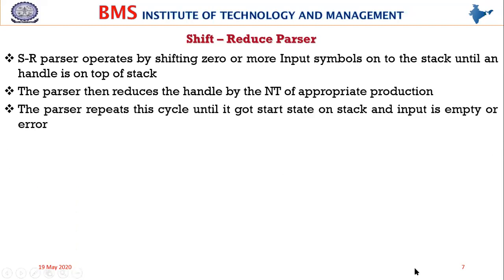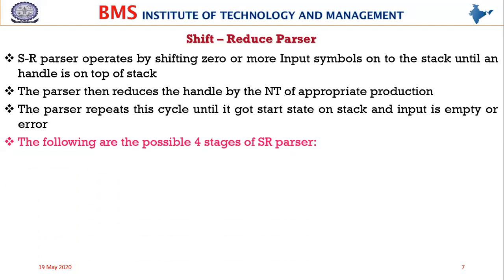The parser keeps repeating this until we have considered all the input symbols and we got the start state, then it is an accept state. If the input is empty but there is no start state, or there are input symbols remaining while the start state is obtained, any of these combinations we call an error case.